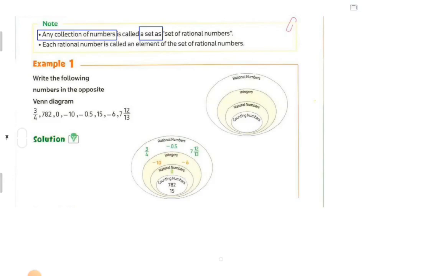Note that any collection of numbers, like counting or natural or integer or rational, is called a set of numbers. A set of rational numbers, or a set of integer numbers, or a set of natural numbers, or a set of counting numbers.